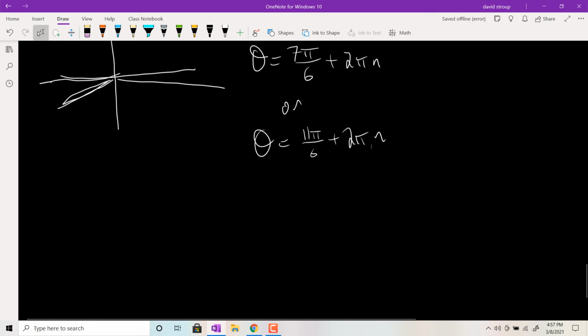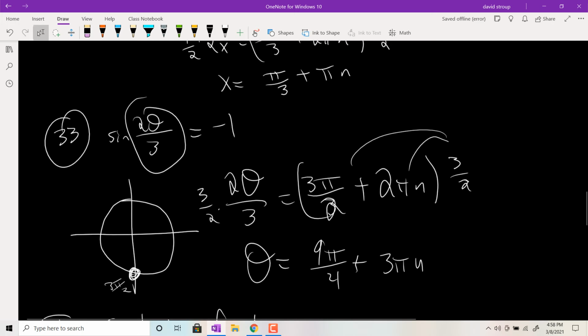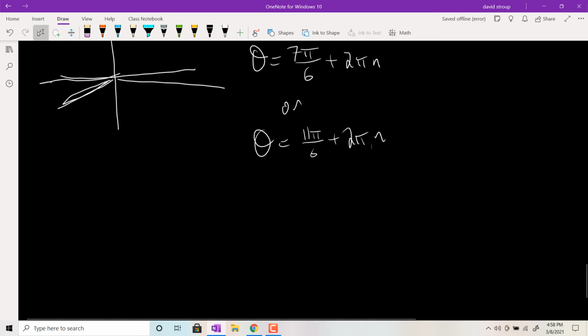The next kind of problems, we're just going to solve on the interval from 0 to 2 pi. That's how a lot of questions will go in general. You won't have to give us the infinite solutions, but I hope you can if you need to, because in calculus, you often need to write up infinite solution answers.